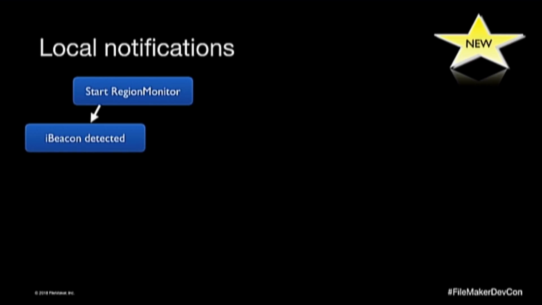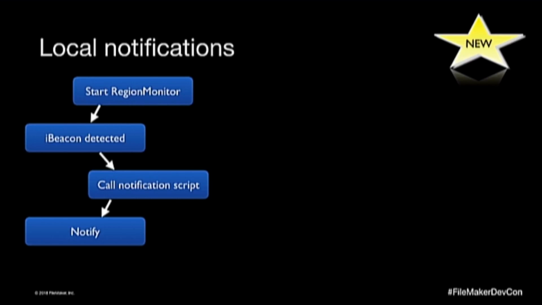When an iBeacon is detected, the operating system ships a command to FileMaker Go, even if it's in the background, saying, run this script. And the script is called a notification script. So we are running a script that is firing off a notification to the local operating system, which will then notify us. Okay? It sounds like a little bit around, but it actually makes sense, and this is actually the easiest way to do it.